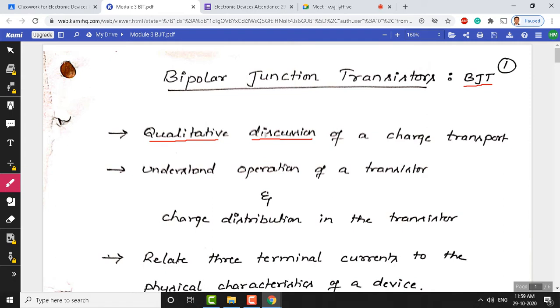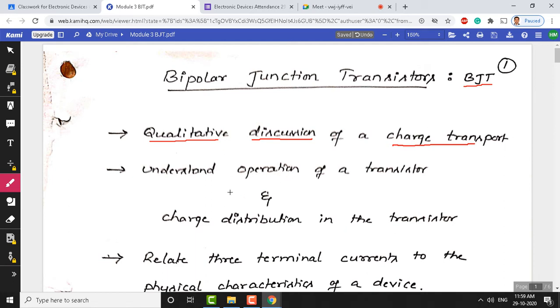So to explain the bipolar junction transistor, we mainly talk about qualitative discussion, and in particular we focus on the charge transport mechanism. Once we understand how exactly charges are transported between the different regions of the bipolar junction transistor, we can understand the working principle of the BJT.